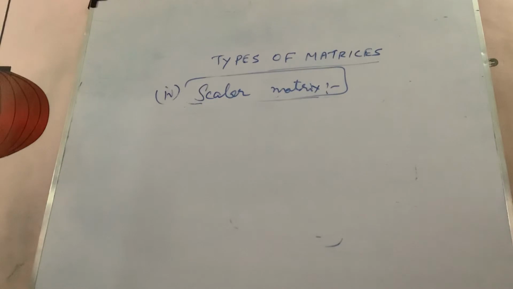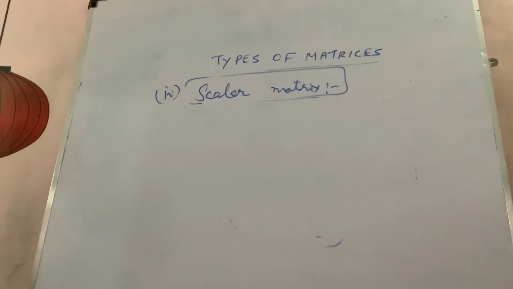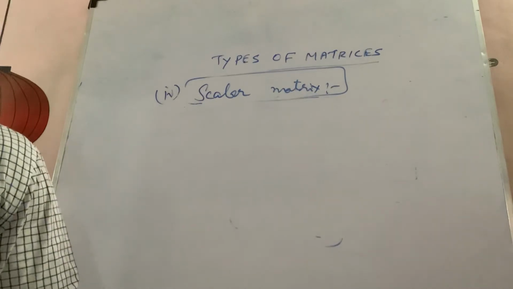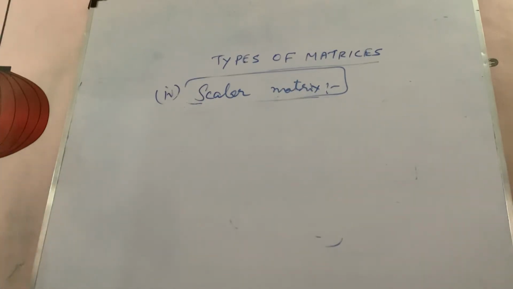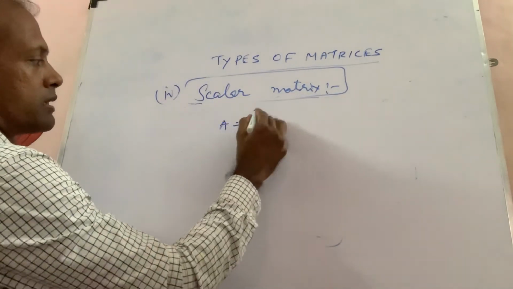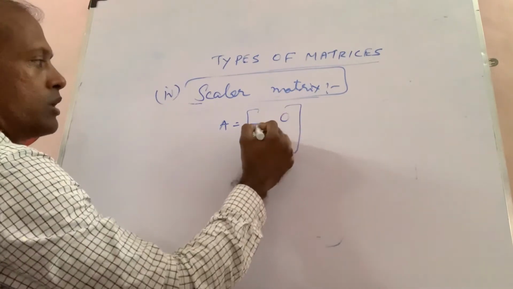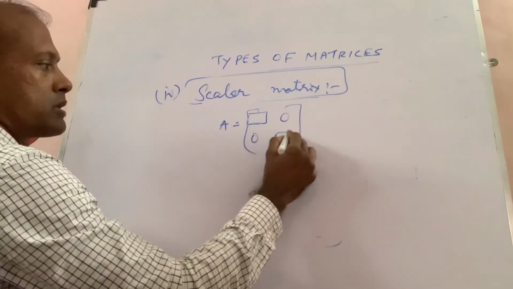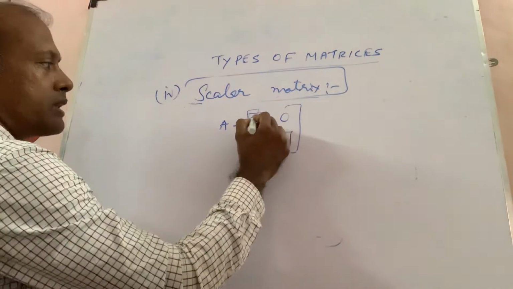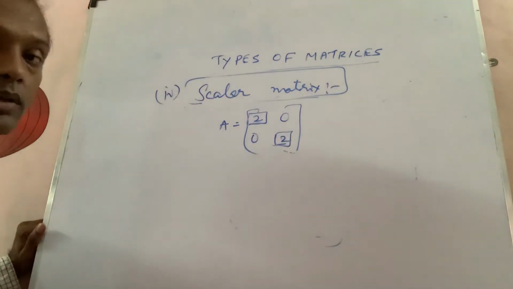A scalar matrix is nothing but a diagonal matrix if the diagonal elements are equal. So let's take a diagonal matrix. So these two elements should be 0, right? If I take this as 2 and this as 2, follow kar rahe ho na?